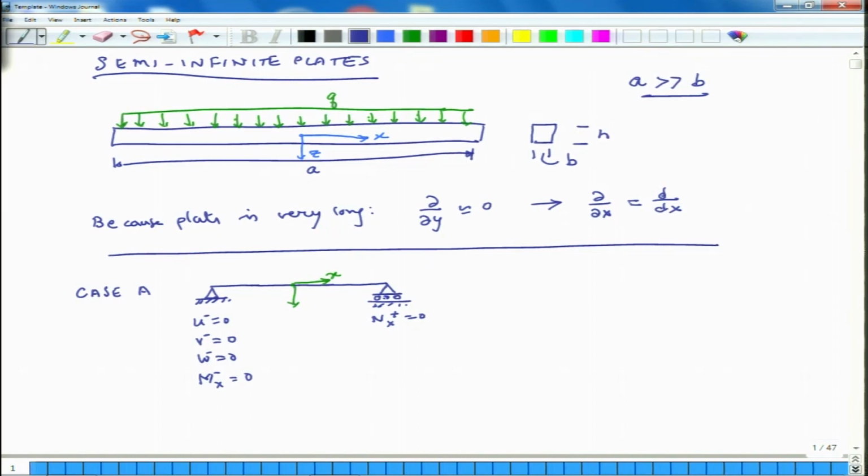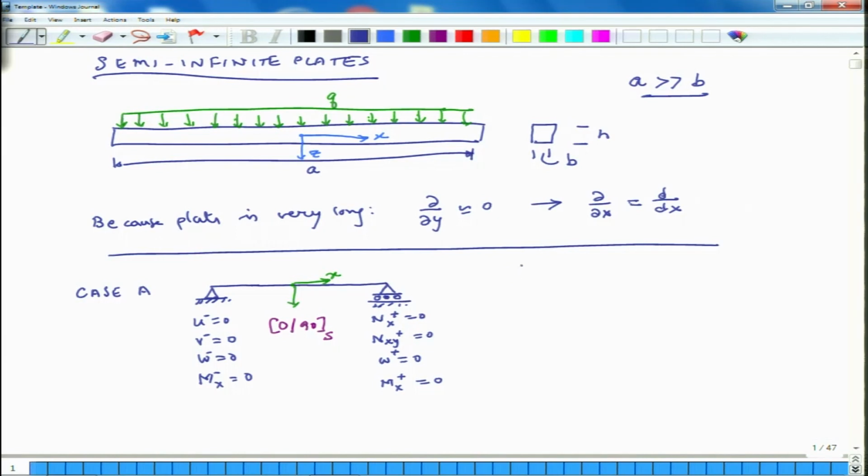Similarly, instead of v being 0 at this end, we will say that Nxy plus is 0, that is the force per unit length in the y direction is 0. The third thing is that it is simply supported, so there is restriction of w, so w is 0, and the fourth is Mx plus is 0. The other thing is, what is the lamination sequence? The lamination sequence is 0, 90, symmetric. So, this is the definition of case A.